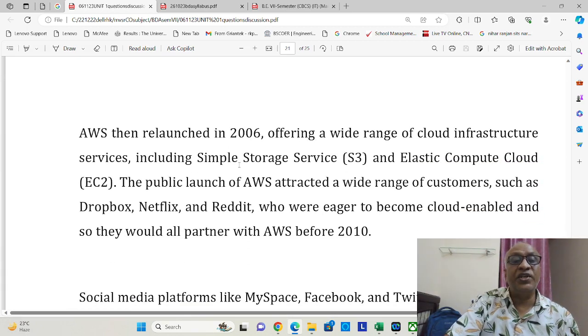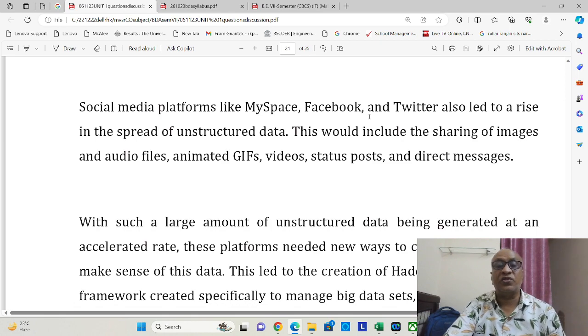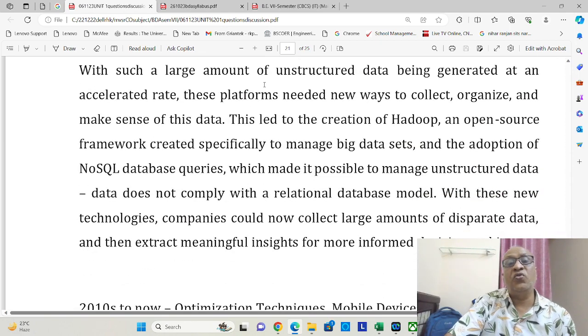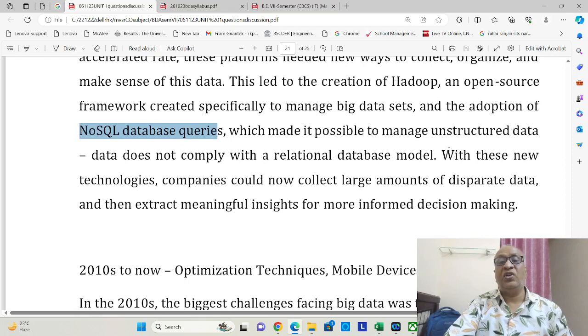So AWS relaunched itself with EC2, Elastic Compute Cloud. Then social media platforms like Facebook, Twitter also came across. Now you had a huge amount of structured, semi-structured, unstructured data. This led to creation of Hadoop, an open source framework, and adoption of NoSQL databases, which helped in managing the unstructured data.